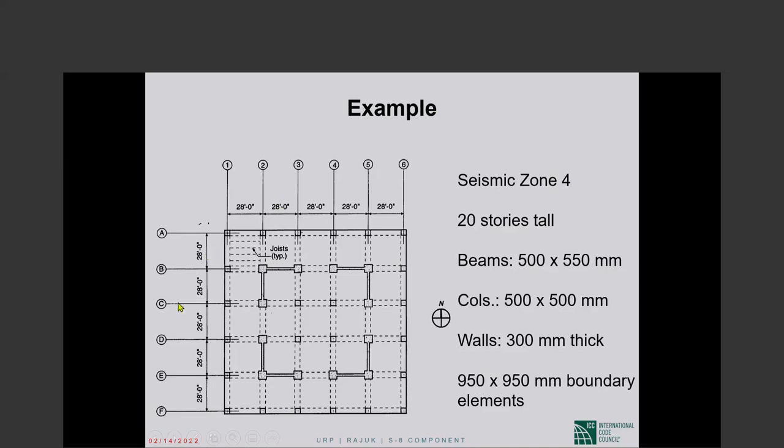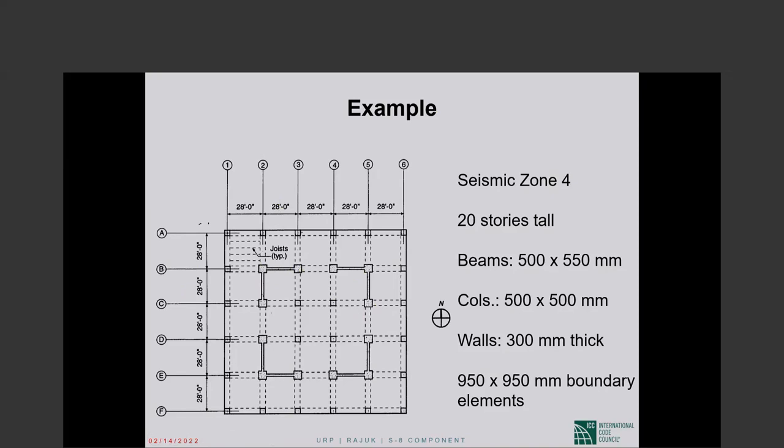Anyway, you see the building, the shear walls are L-shaped shear walls with boundary elements as in the picture. The building is 20 stories tall.